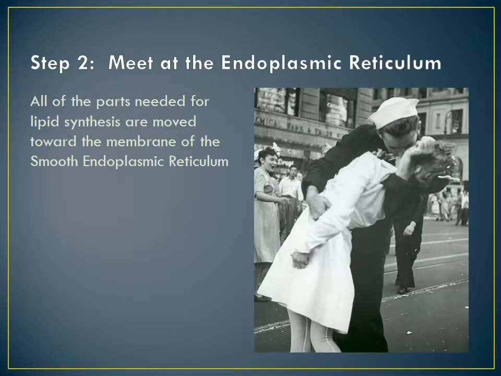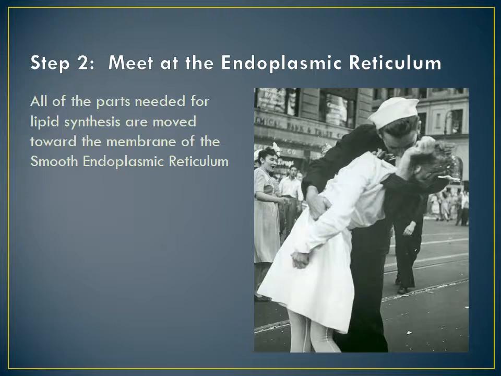Next step is to meet at the endoplasmic reticulum. All of the parts needed for lipid synthesis have to be moved to the endoplasmic reticulum. How are you going to move these parts around a cell? Vesicles. So a vesicle can form around these pieces, creating a little transport module.